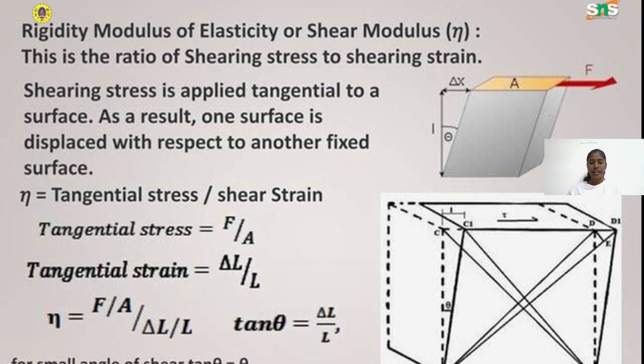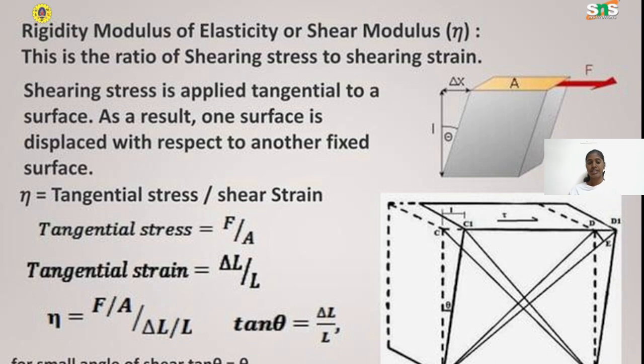Rigidity modulus is denoted by the symbol eta. Eta is equal to tangential stress divided by shearing strain. The tangential stress is the stress applied tangential to the surface, that is, the twisting or turning. Tangential stress is equal to force by area, F by A, the force applied with respect to the area of cross section.